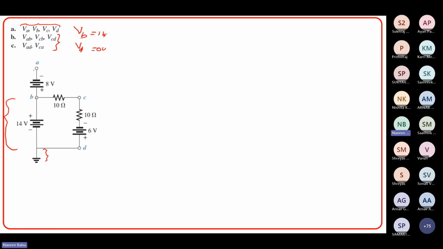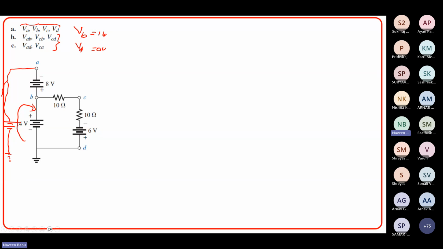Okay. Now what is VA? The circuit can be slightly redrawn like this by putting a battery source only, nothing else, and applying KVL in this loop.